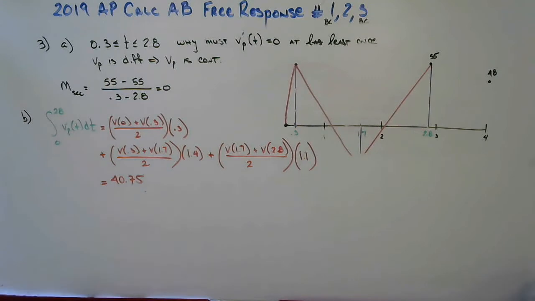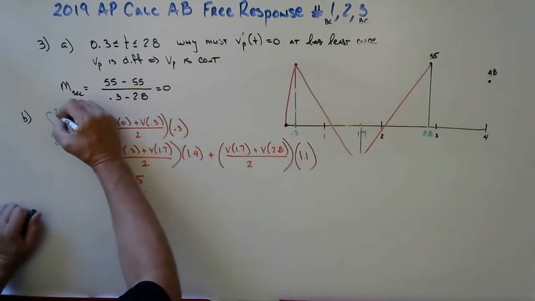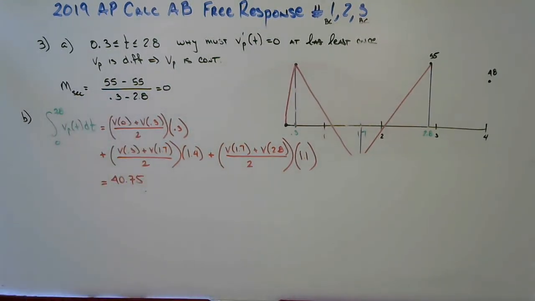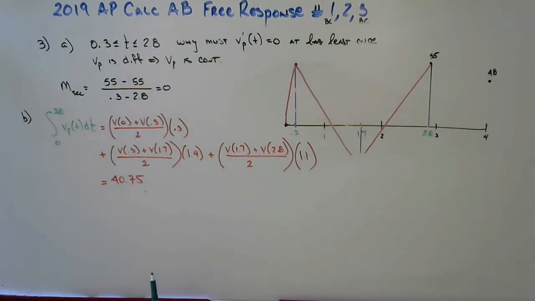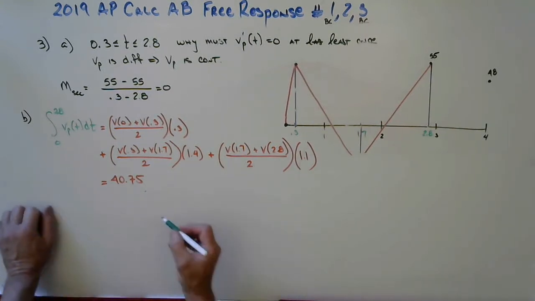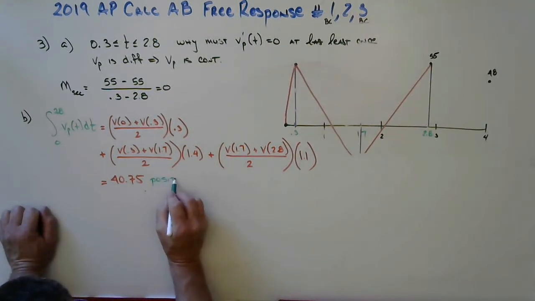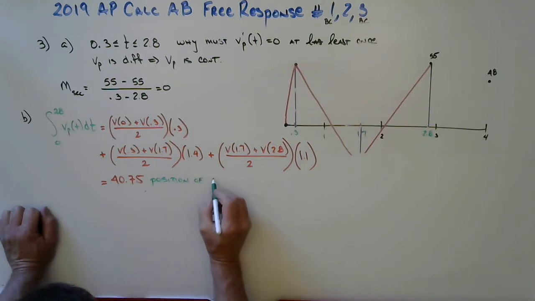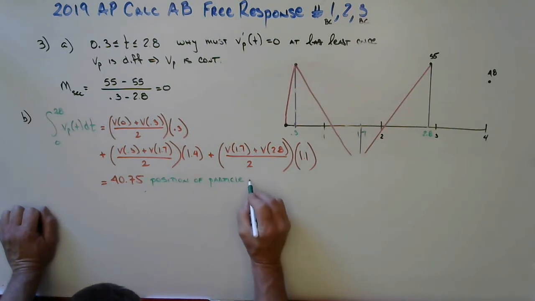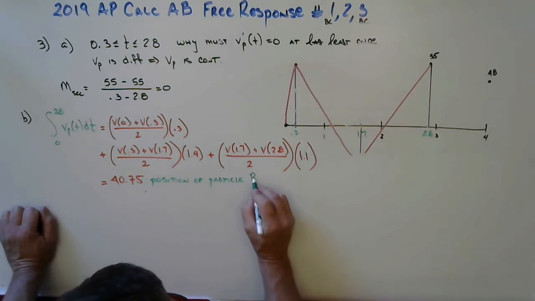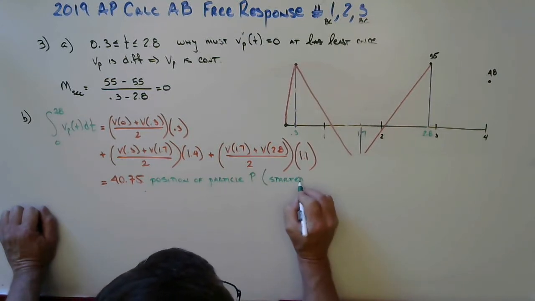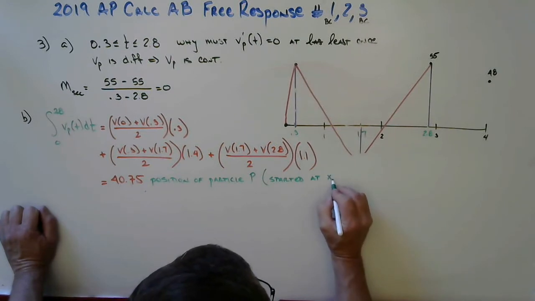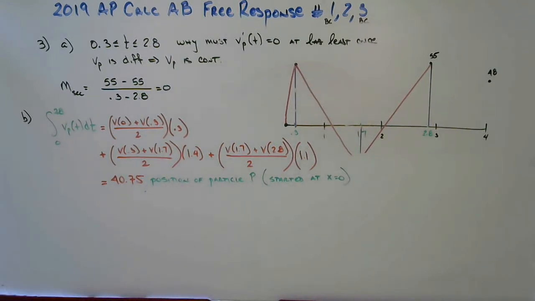Well, we did that right here. We found the integral from 0 to 2.8 for particle P. So this is the position of particle P. Now, I say it's the position of particle P because it started at x equals 0. They told us that.